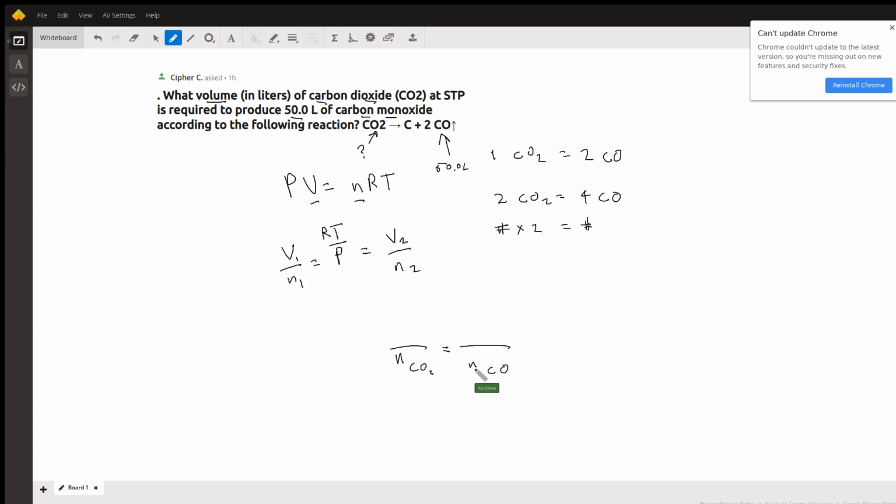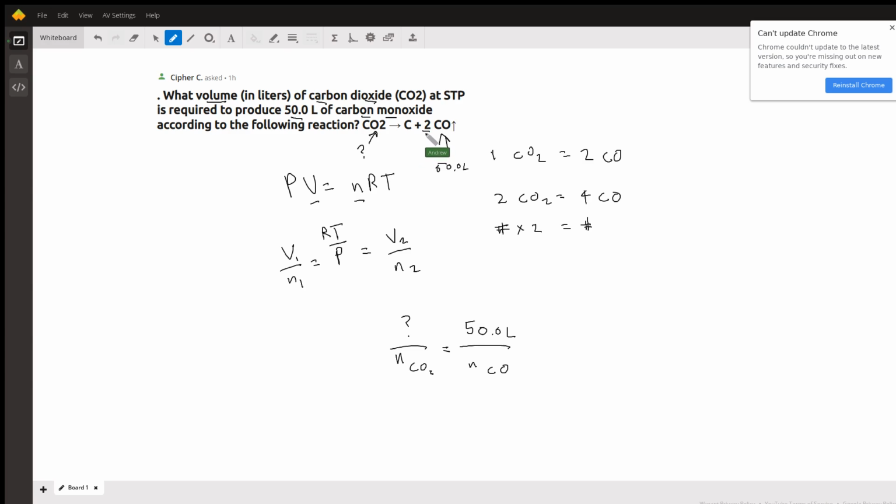And we now know that this was 50 liters of the carbon monoxide, and this is that unknown number. What we do know is that there's two of these right here. You can see we've got this 2 right there.